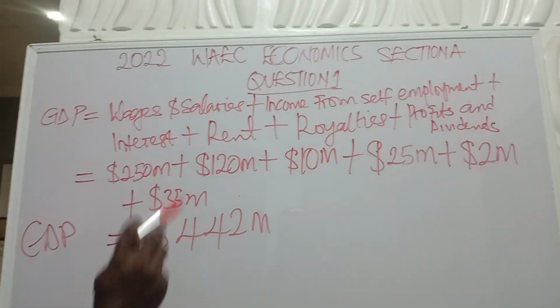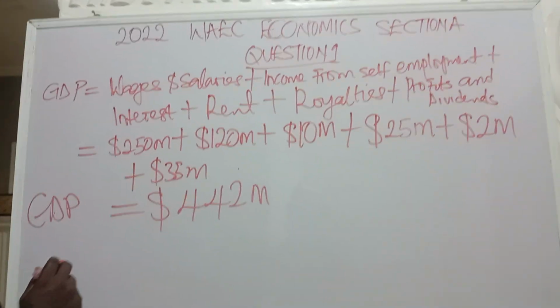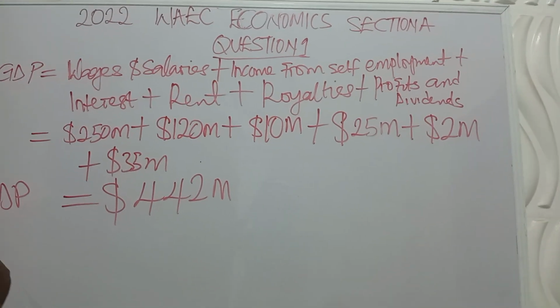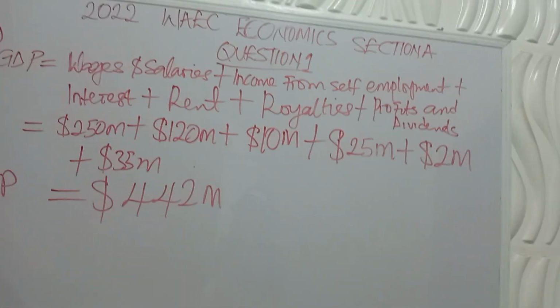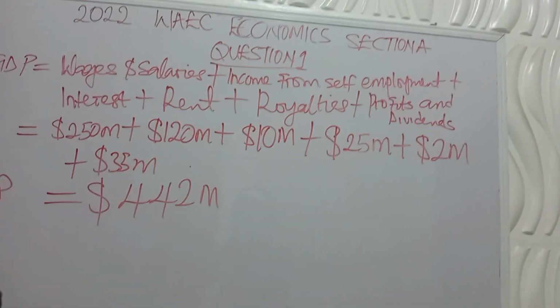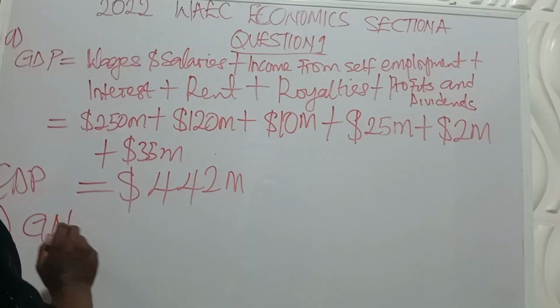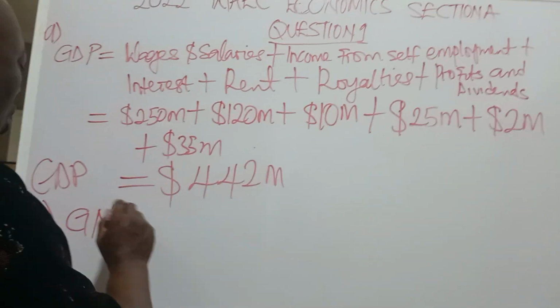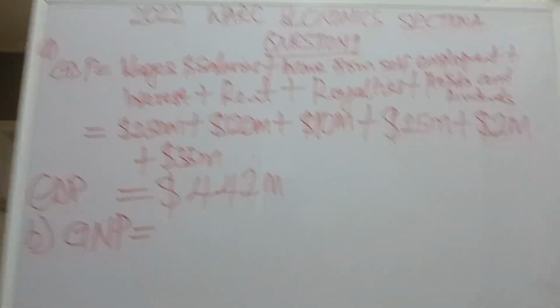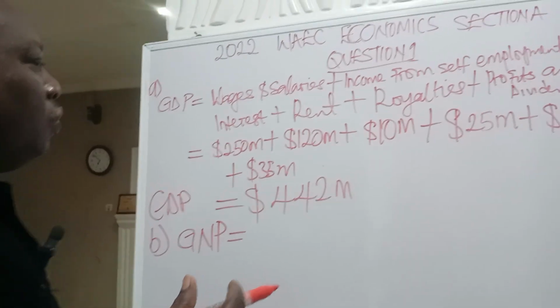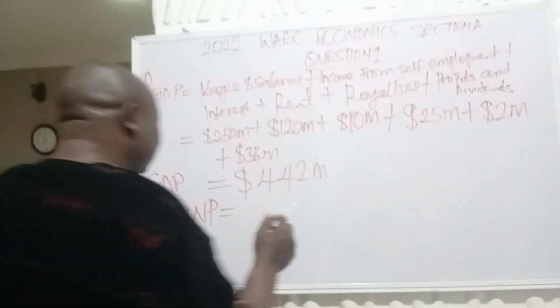Now, to calculate B, we have to calculate gross national product. Listen, for us to calculate gross national product, what is the formula?